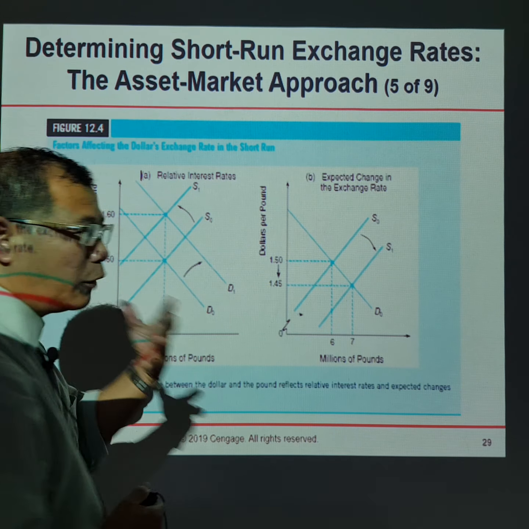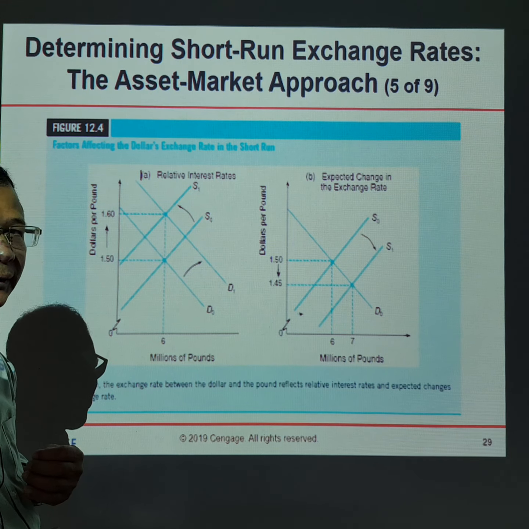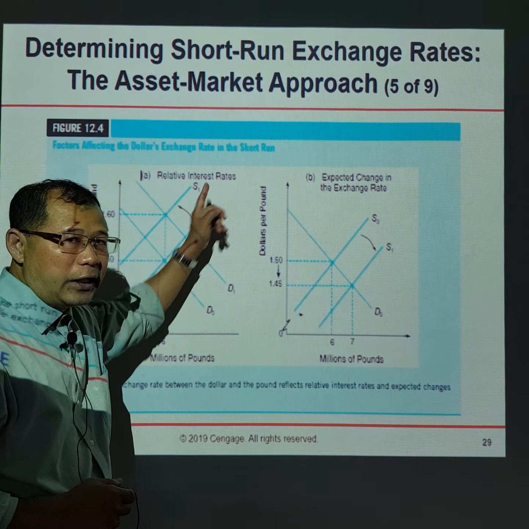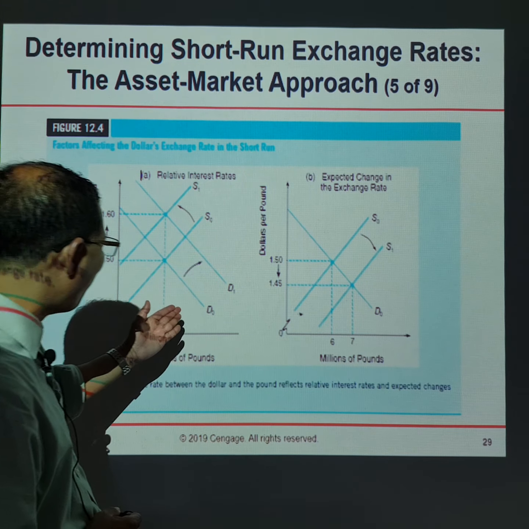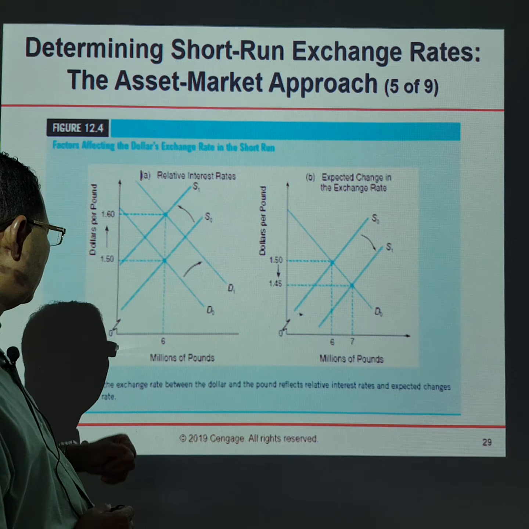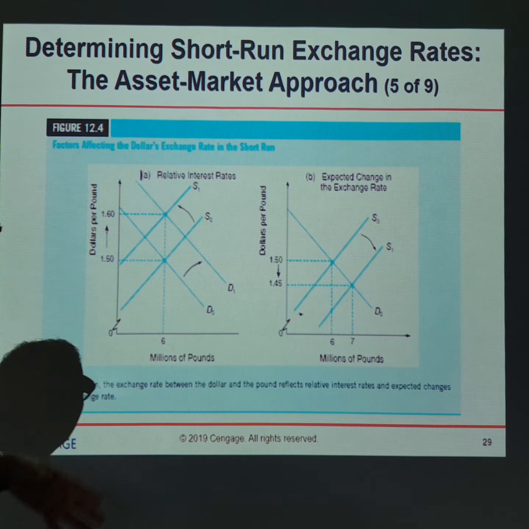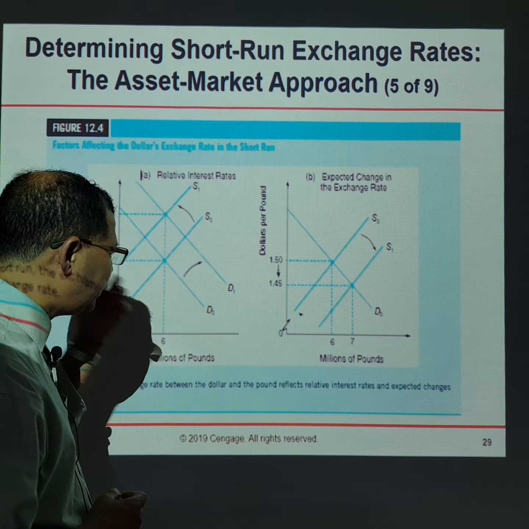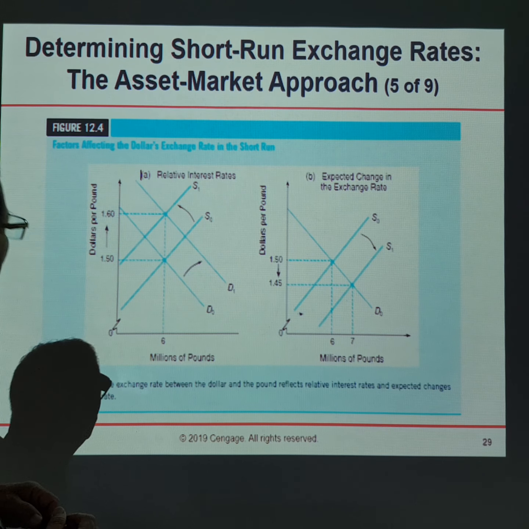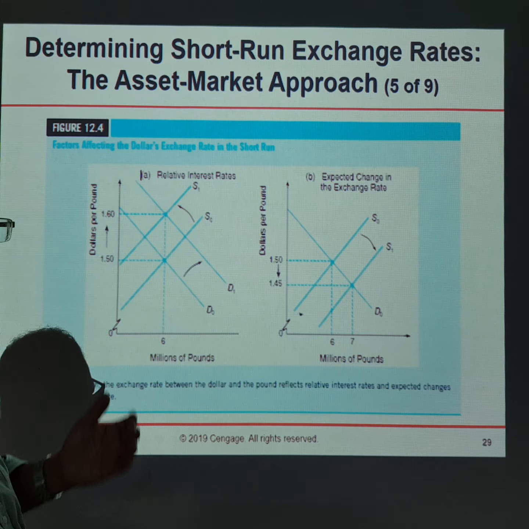So there's going to be more investment coming to the US because the interest rate is higher in the US. Actually, this is the other way around. Suppose the UK has a higher interest rate than the US.